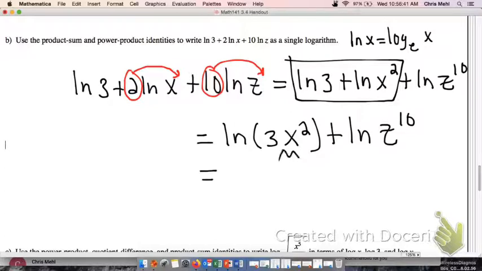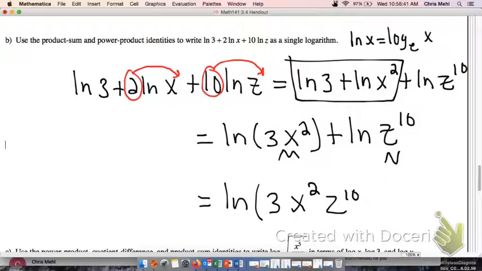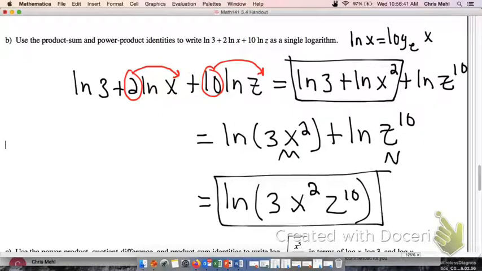And now again, thinking of 3x squared as M, thinking of z to the 10th as N, this is going to equal natural log of the product of M and N, 3x squared z to the 10th. And there's your final answer. The original expression is written as a single logarithm. We're going to see that this is going to be really important to be able to do this later when we're solving logarithmic equations.